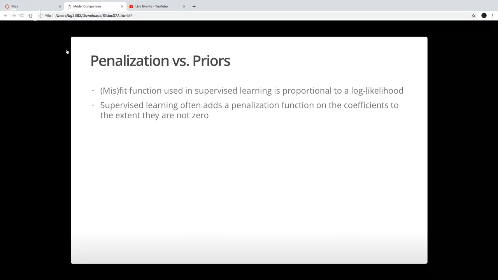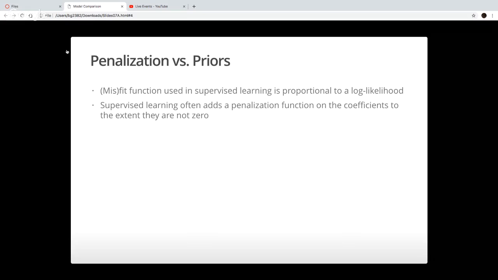If you're doing log probability of success, that is proportional to the likelihood of a Bernoulli model, etc. So these functions used to quantify misfit between a model and an outcome are essentially log likelihood functions, or exactly log likelihood functions, maybe multiplied by -1 because they tend to do minimization, whereas frequentists tend to do maximization, but that's not an essential difference.